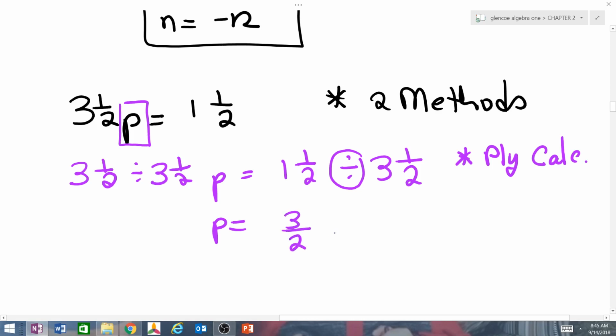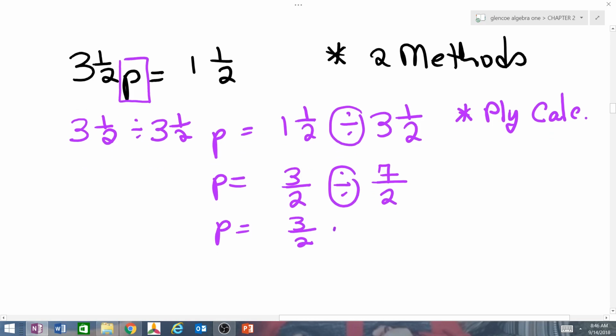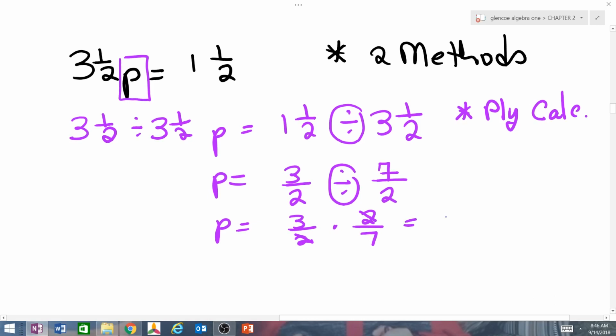So this becomes 3/2 divided by 7/2. Make sure I'm correct, yes? The division sign changes and you flip or take the reciprocal of the second fraction. The 2's cancel out. Is 3/7 the correct answer? Yes. Okay, good job.